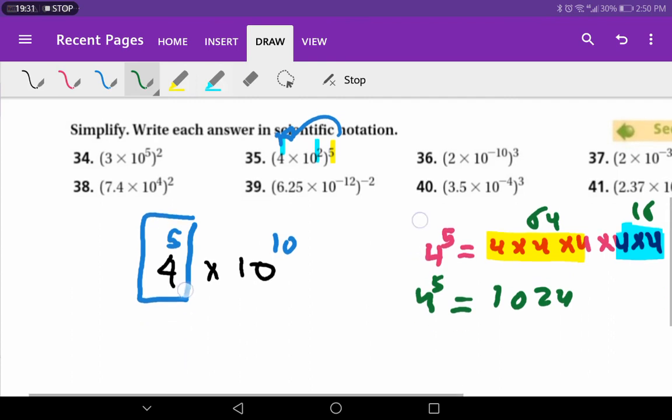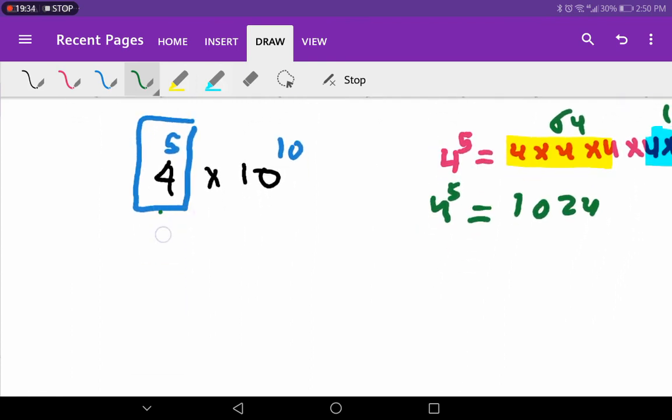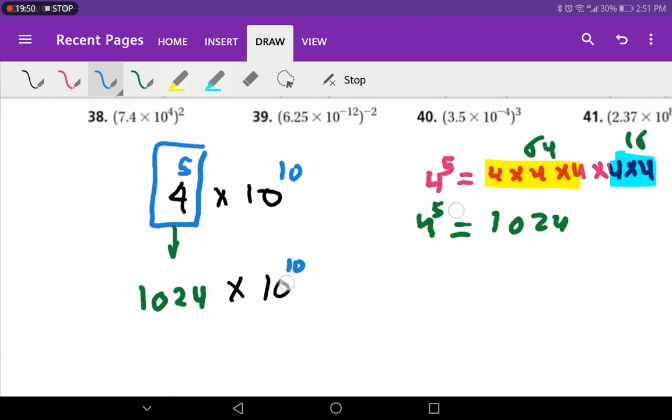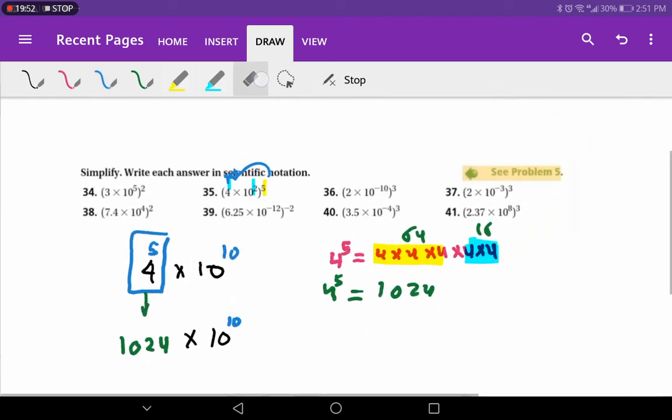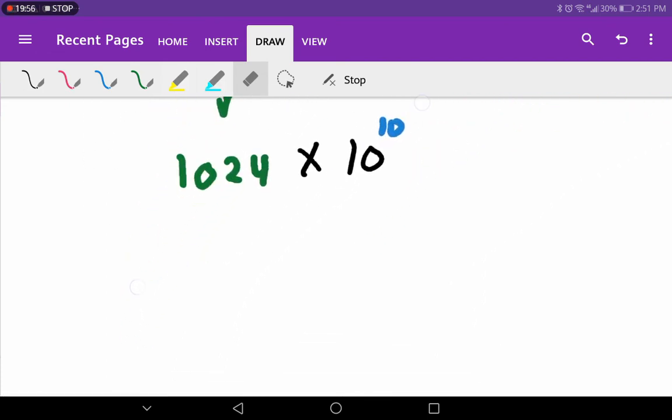Now, I replace this by 1024 multiply by 10 with power 10. Yes, 10 with power 10. Now, the scientific notation said this number must be between 1 and 10.